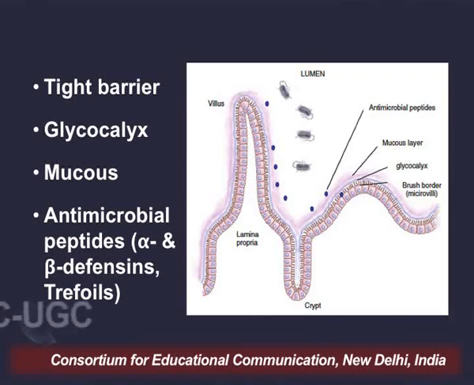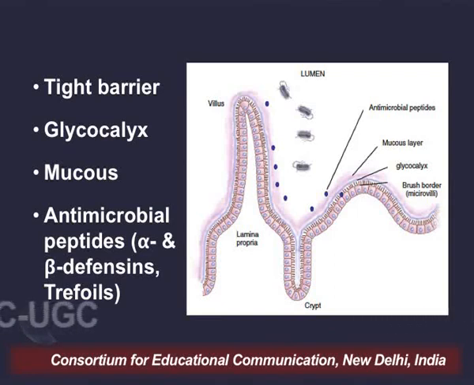Now this mucus is made up of oligosaccharides and glycoproteins, which are known as mucins. And these mucins have a special ability to bind the proteins that are present on the bacterial surface, thereby trapping them and preventing their entry into the cells. And this is how this first line of defense works.